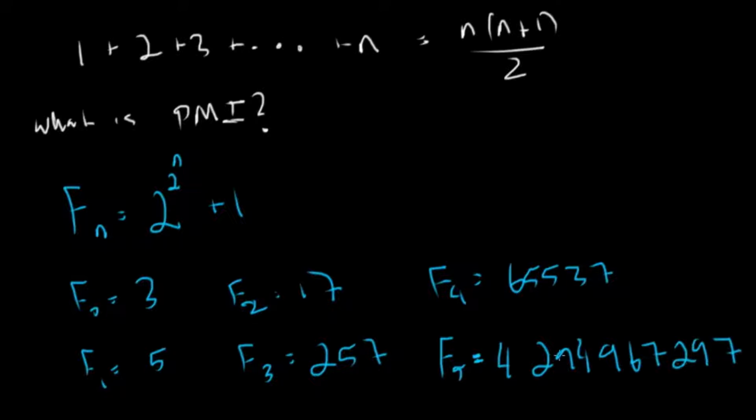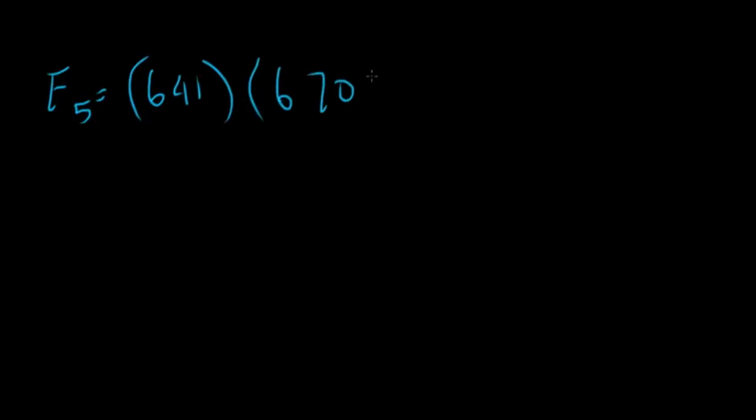And that is a very difficult number to check if it's prime or not, to factor. But it turns out that this is factorable. F of 5 can be rewritten as 641 times 6,700,297.